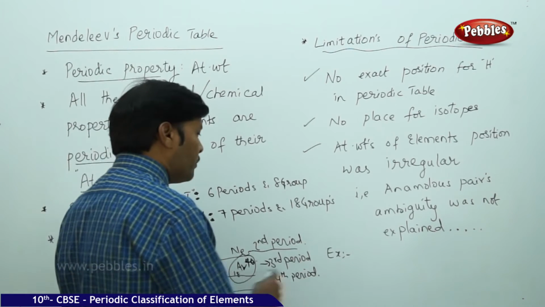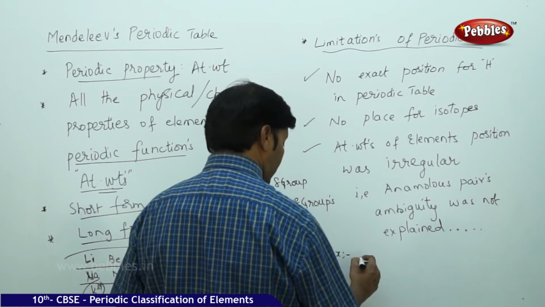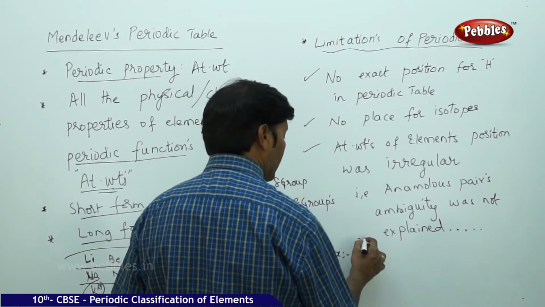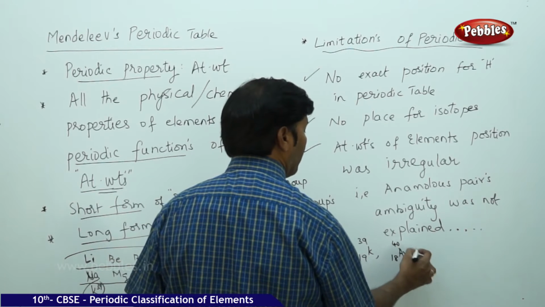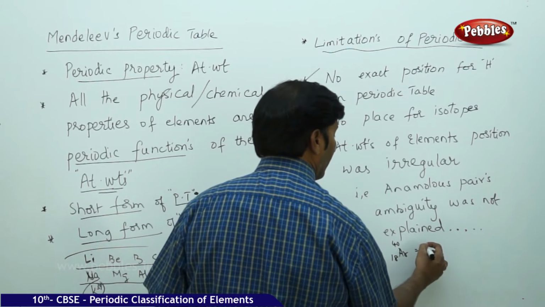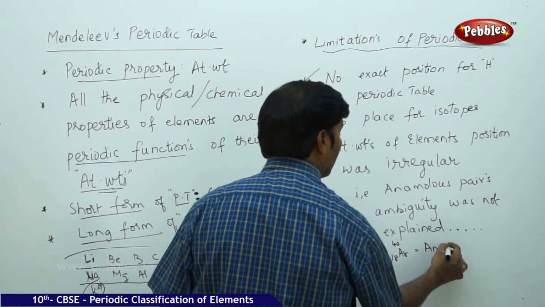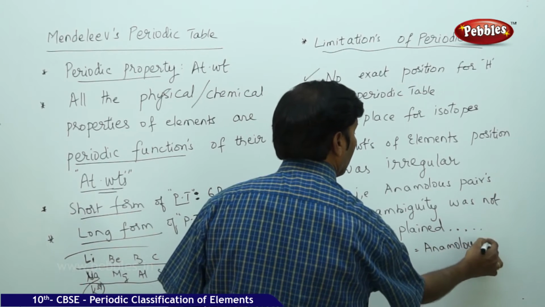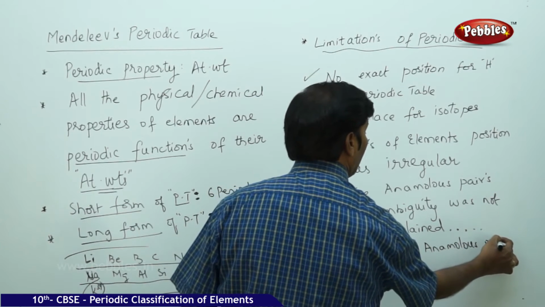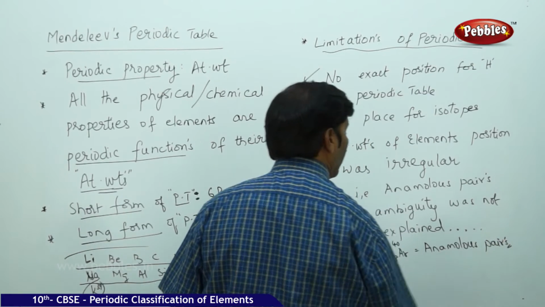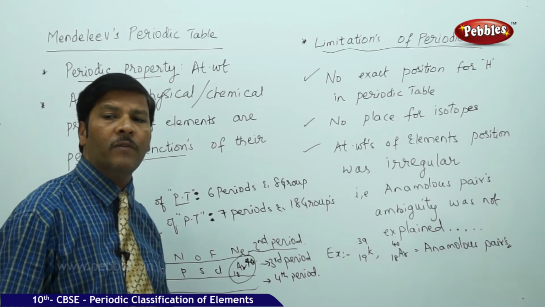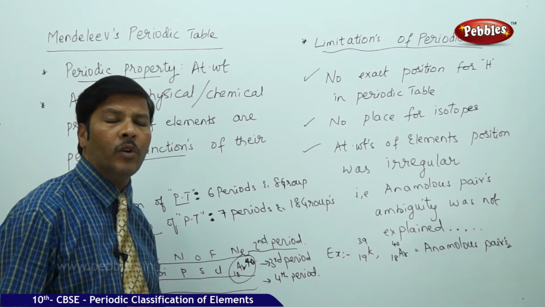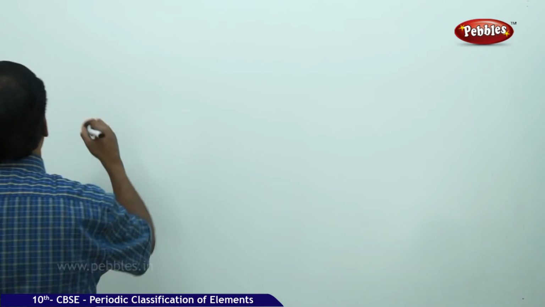So that's why this pair, 19 potassium 39 and 18 argon 40, are anomalous pairs. Such anomalous pairs were not properly explained or justified by Mendeleev's periodic table.